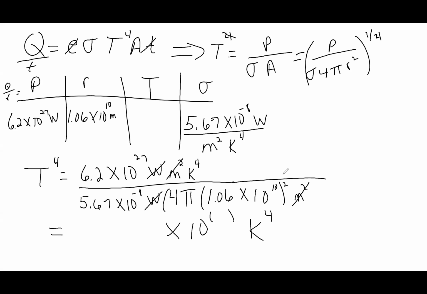Don't be afraid to show me your answer, because that's how I can tell you where you have an error. If I don't see any answers, then I won't know if you're making a mistake or not. Now, we're not doing the exponents yet. We're going to do those separately.